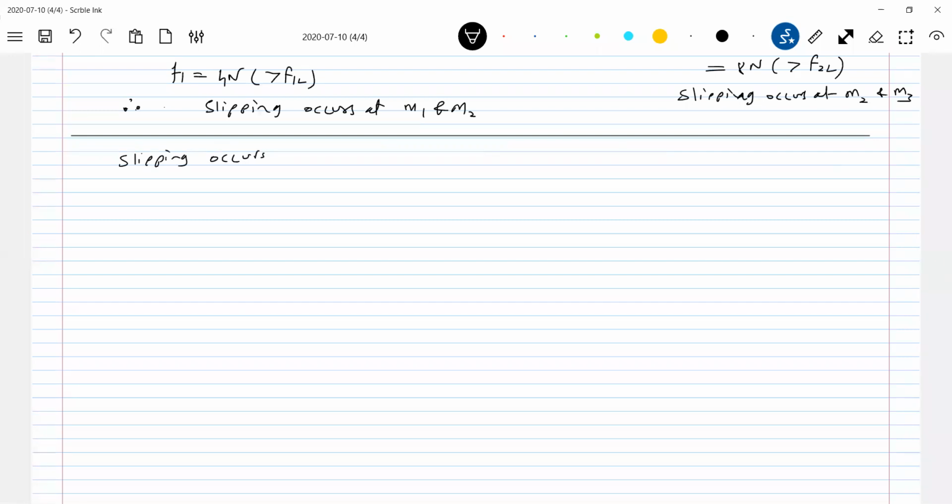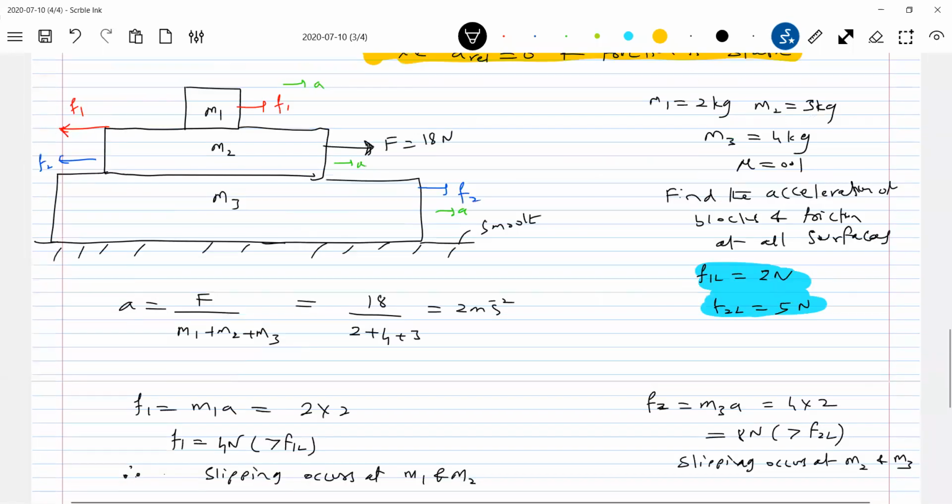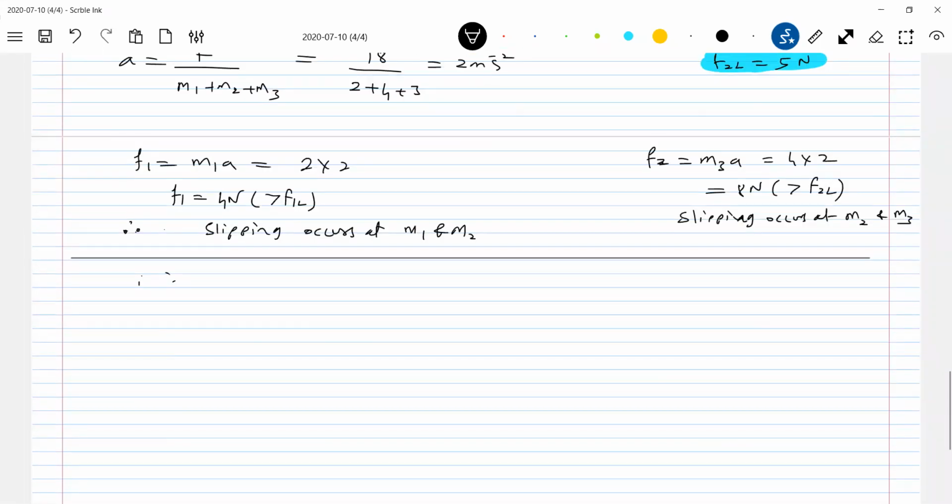I think I need not go for another one, since I directly got this. Is there any necessity of going for another assumption? If you want to try it, slipping occurs at 1, but no slipping occurs at 2 and 3. Verify it. Again there, if you get F12, then finally you can come back to the same situation.